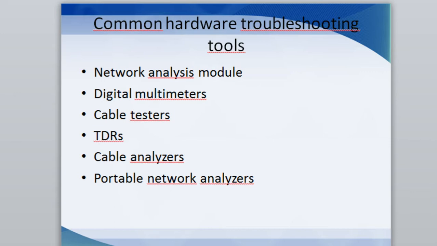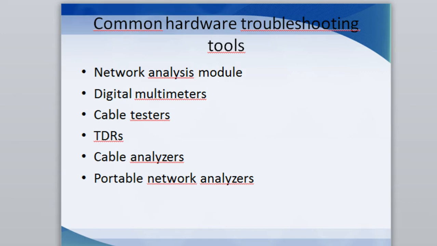They can detect broken wires, crossed over wiring, shorted connections, and improperly paired connections. These cable testers can be inexpensive continuity testers or expensive TDRs, which is the next troubleshooting tool.